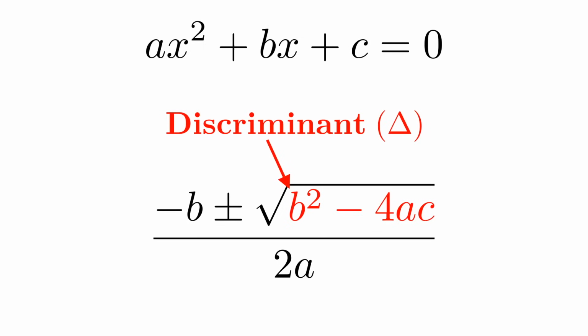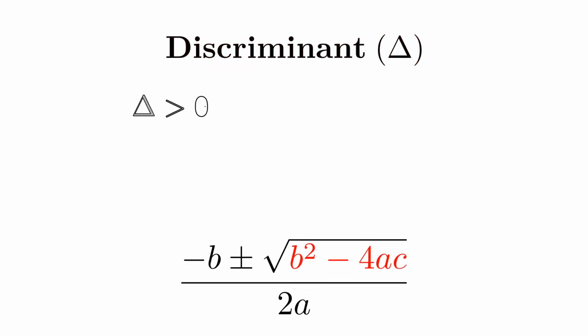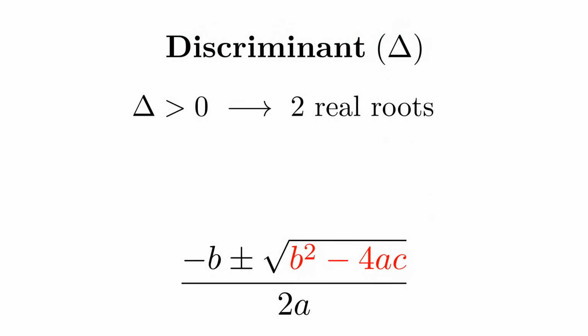And this discriminant helps tell you the nature of the roots of the quadratic. If delta is positive, that tells you that this quadratic has two real roots. If delta is 0, that tells you that this quadratic has exactly one real root with so-called multiplicity 2.